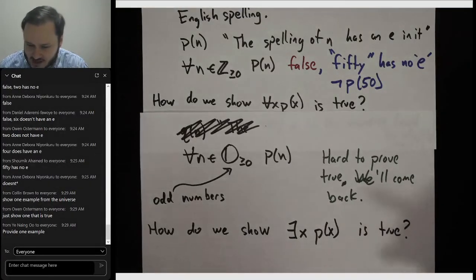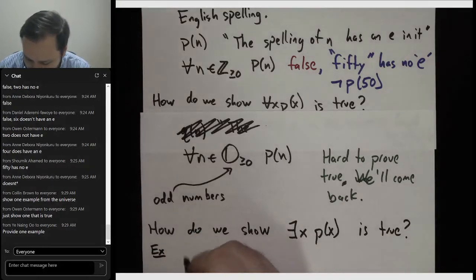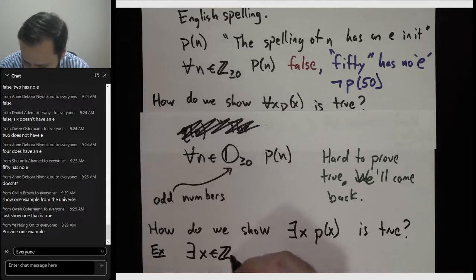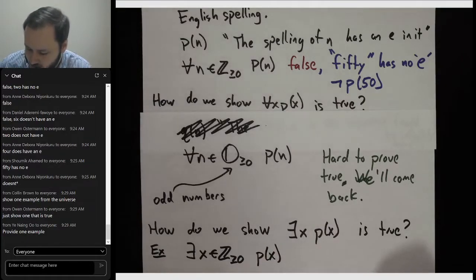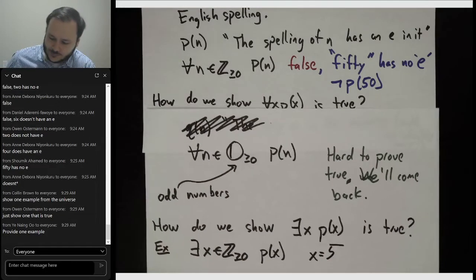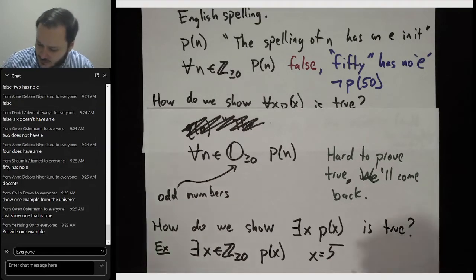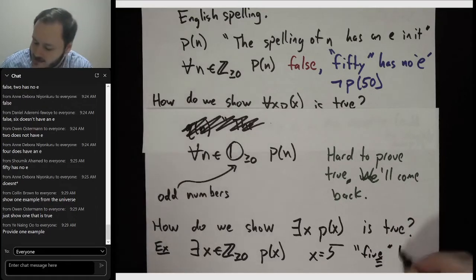It's just an example. I want to show there exists an x in the non-negative integers such that P of x. My example is x equals 5. 5 has an e in it.